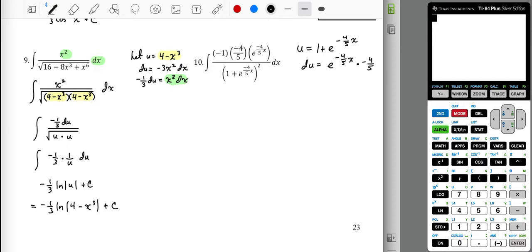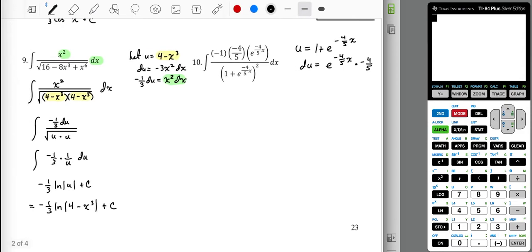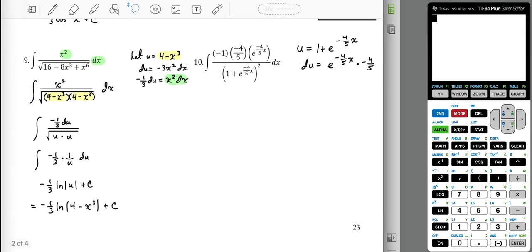Alright, because you could also write it as negative 4/5 e to the negative 4/5 x. Don't forget your dx. I didn't give myself enough room, of course, as usual. Just tuck it in right there.